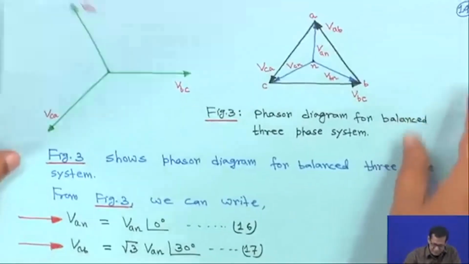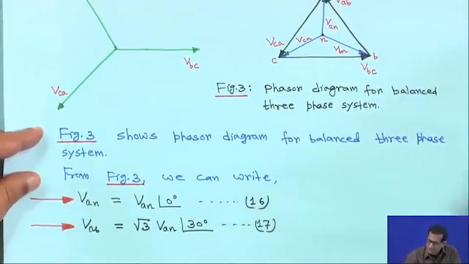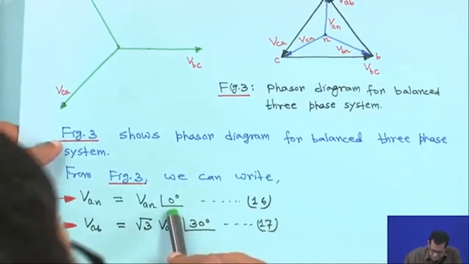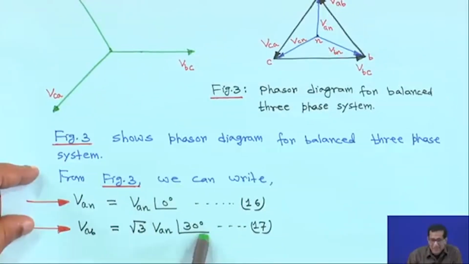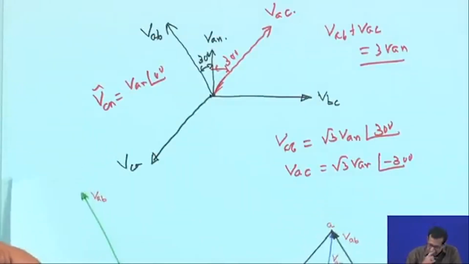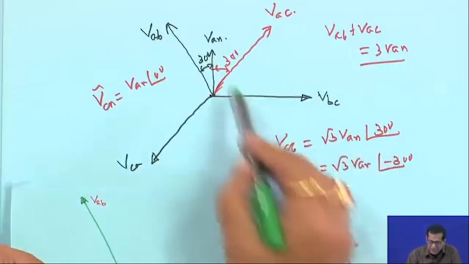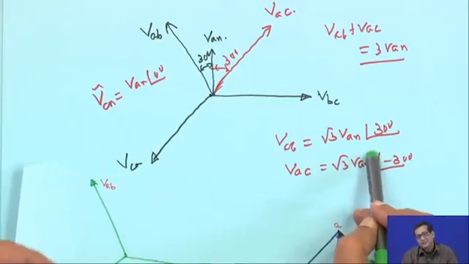So, what we are doing is taking VN as the reference, say VN angle 0 degrees. Therefore VAB is root 3 VN angle 30 degrees, this is equation number 17. That is why I have written VAB as root 3 VN angle 30 degrees; if you take this as the reference, then the analysis will be easier, right.